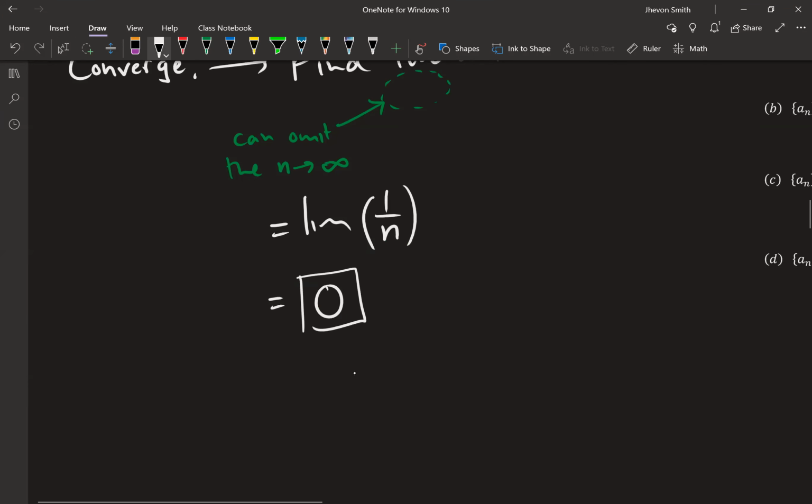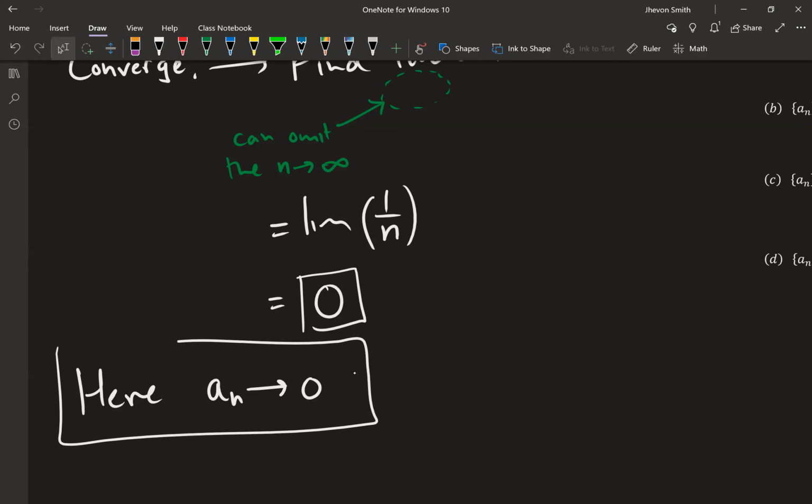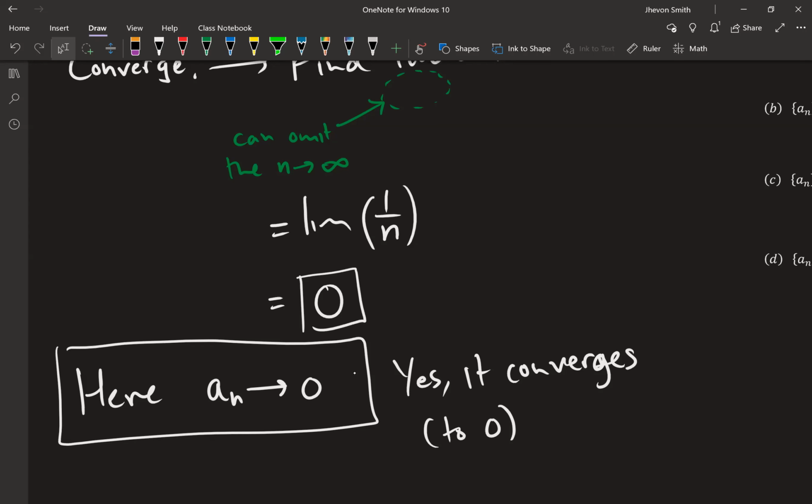Exactly. So here, a_n converges to 0 would be the answer. So yes, it converges. In fact, it converges to 0.